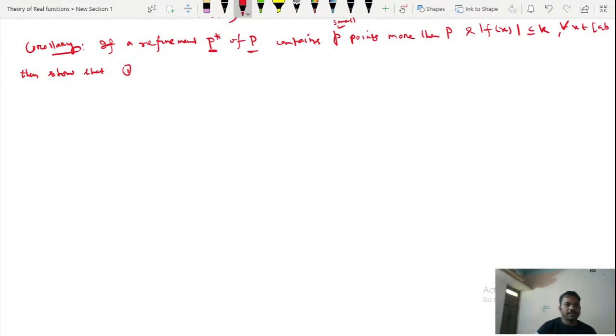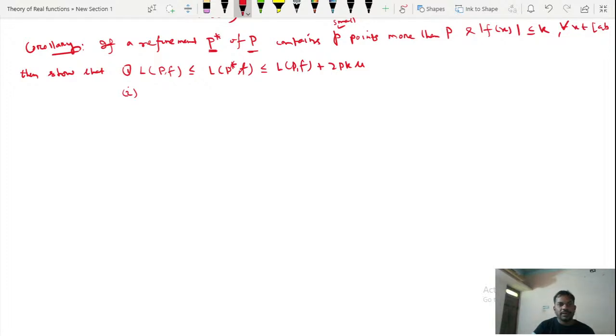First we have to show L P F is less than or equal to L P star F, which is less than or equal to L P F plus 2 P k mu.